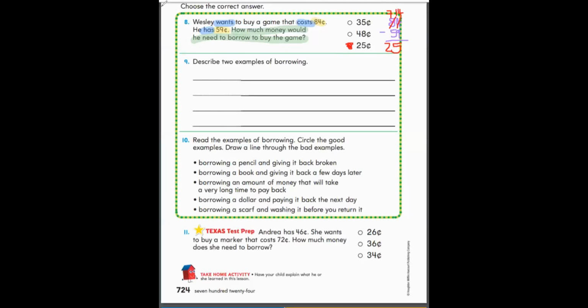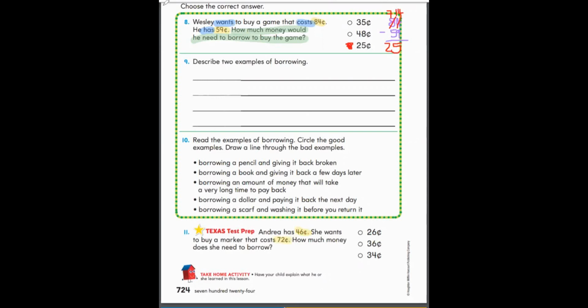Okay, last question. Question number 11. We're going to start reading the problem. Andrea has 46 cents. She wants to buy a marker that costs 72 cents. How much money does she need to borrow? We're going to start with circle the numbers. Andrea has 46 and the marker costs 72.